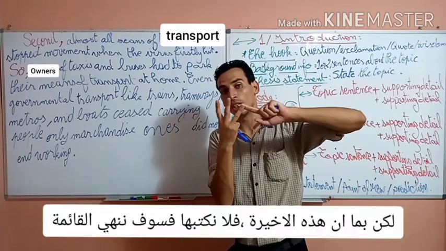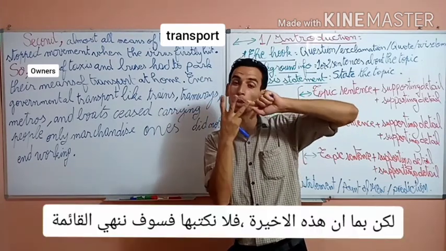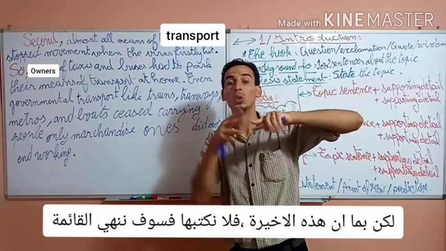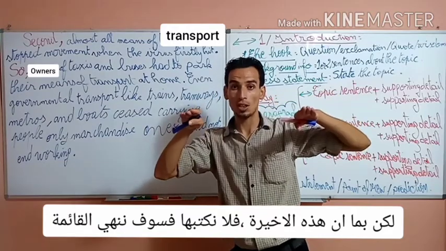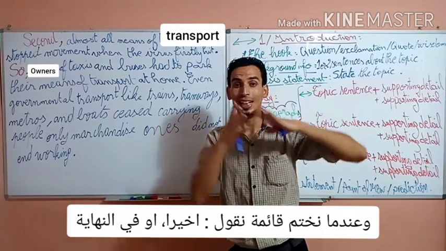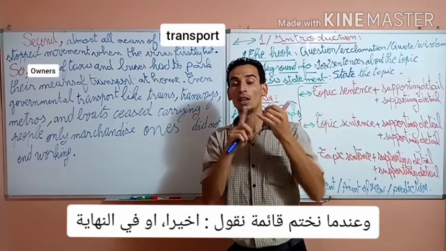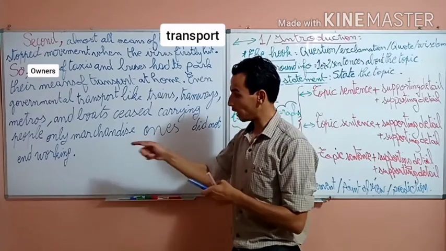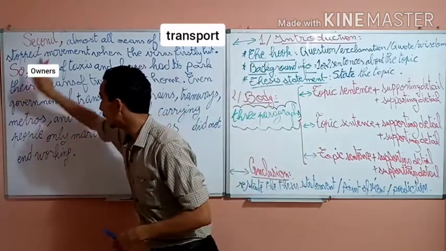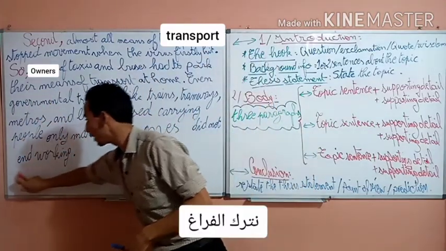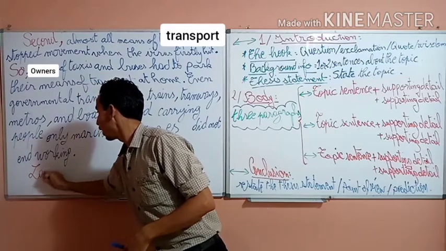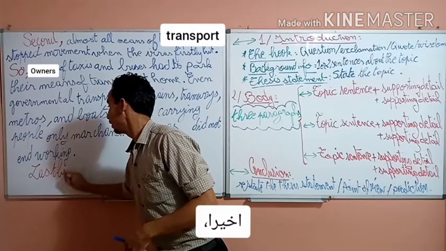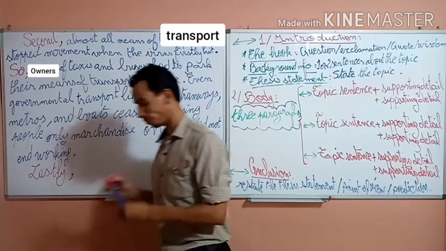Good, but since this is the last, we don't put the word. We are going to end the list. When we come to end a list, we need to put finally or lastly. So we put here lastly. We leave indentation and we put lastly, come on.